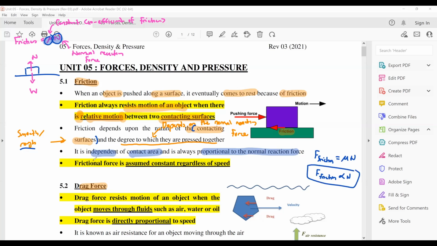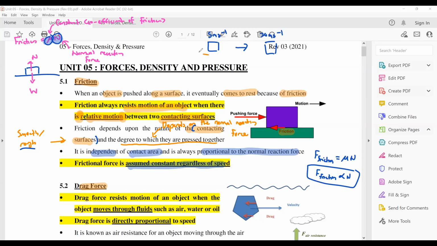Now, frictional force is always assumed constant regardless of speed. When you do your questions and they tell you that the moving object encounters friction, always assume that that frictional force is the same, regardless of whatever speed the object is. Sometimes you may come across a case where your object was moving at 5 meters per second, and then after that, it moved up to 20 meters per second.